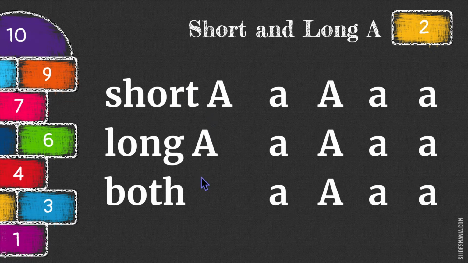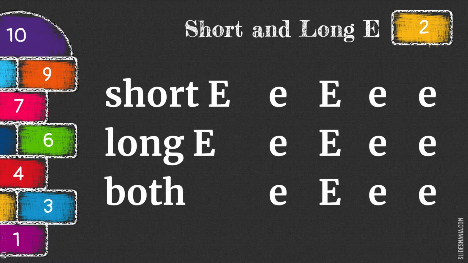First the short sound, then the long sound. Ah, A, ah, A, ah, A, ah, A. Now, why do we do the short sound first? Well, because we use it in more words. So we want to do the sounds in the order of how common they are.